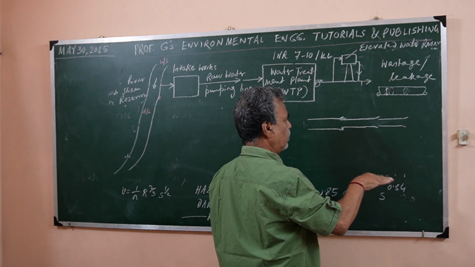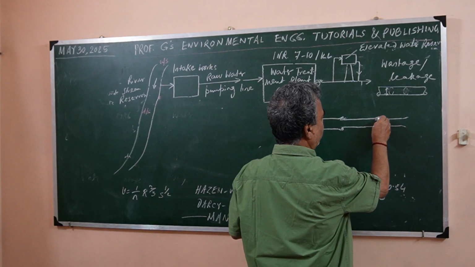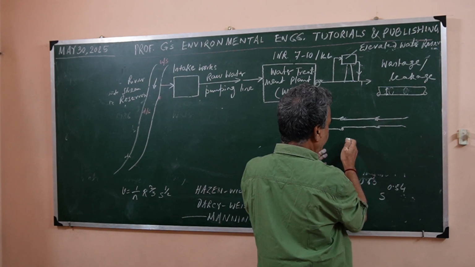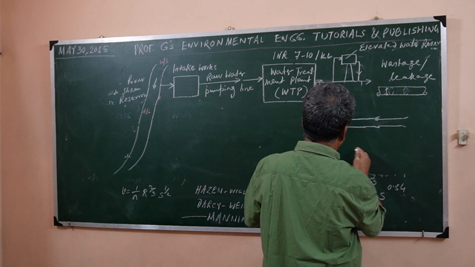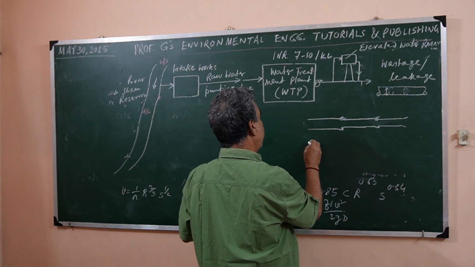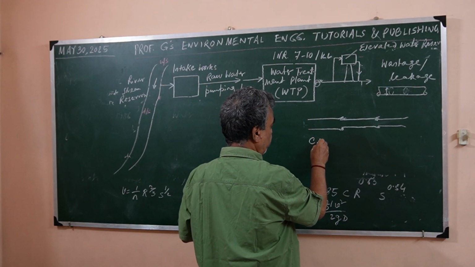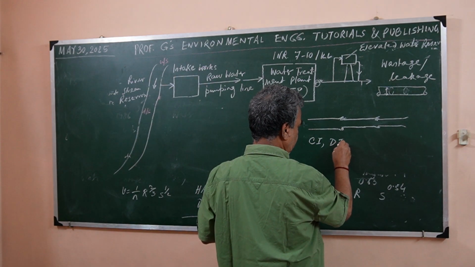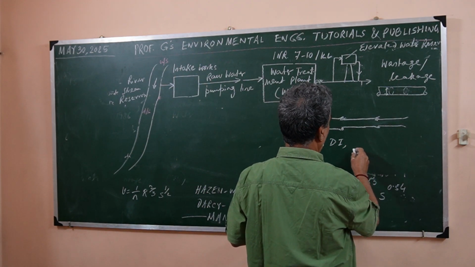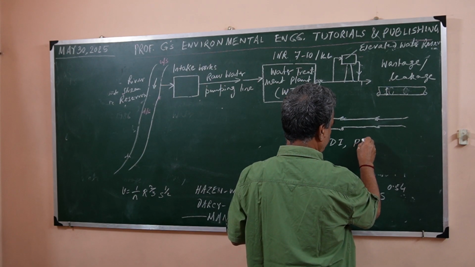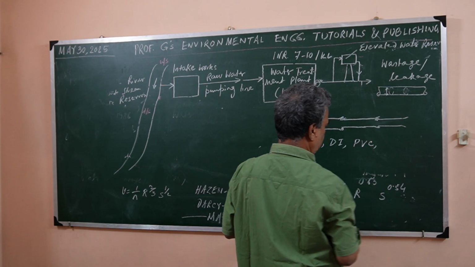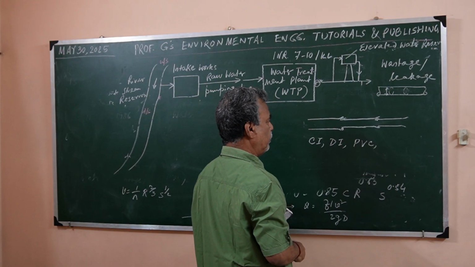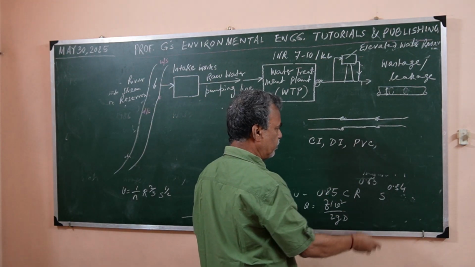So we are not discussing here, but this way the different pieces of pipes, and the pipes may be cast iron pipe, CI, it may be ductile iron pipe, DI, it may be the plastic pipe, PVC, right, and other RCC pipe also may be there.